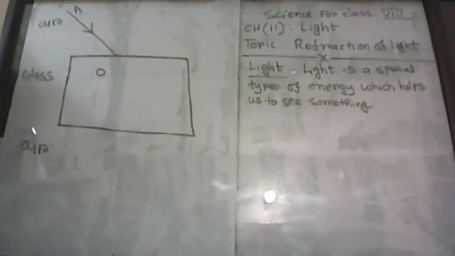So reflection of light means that from the interface, from the second medium, some part of light returns back to the first medium.